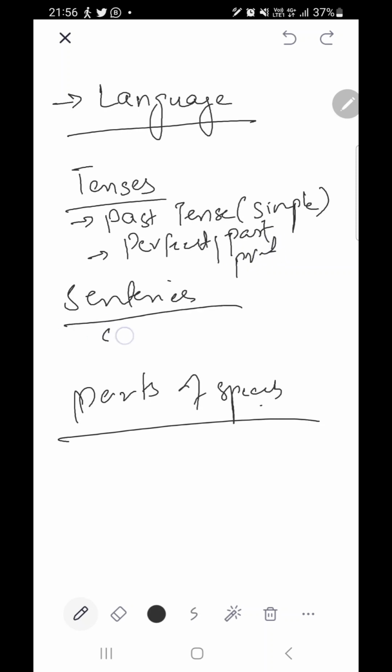In sentences, we have different clauses, right? We can use simple, compound, complex, and so on. And then use of appropriate prepositions, nouns, verbs as well is the language part.